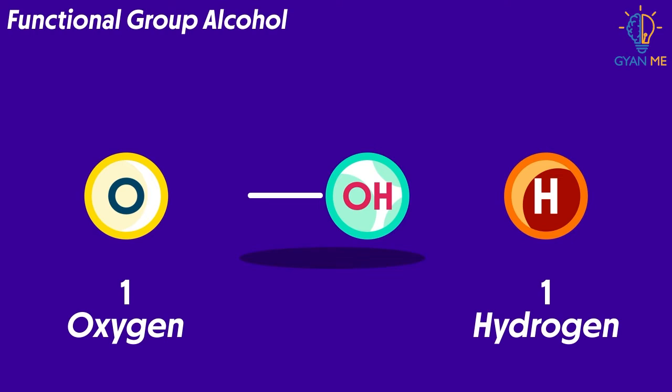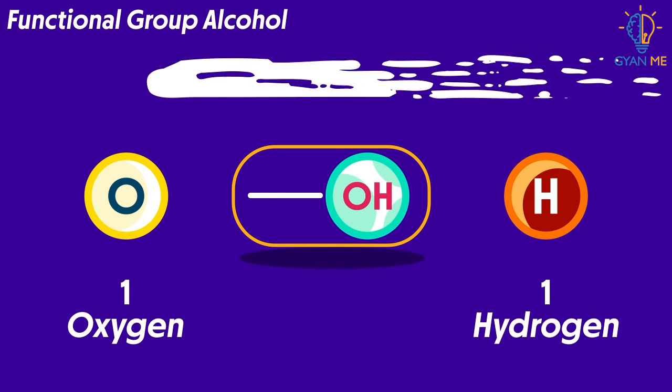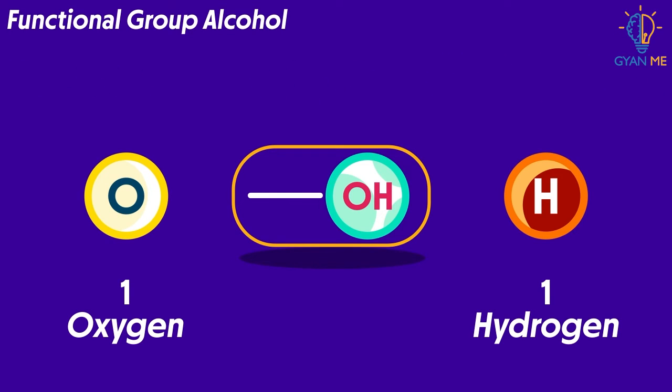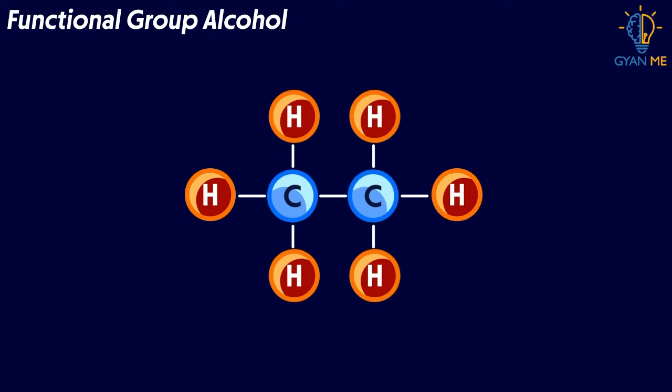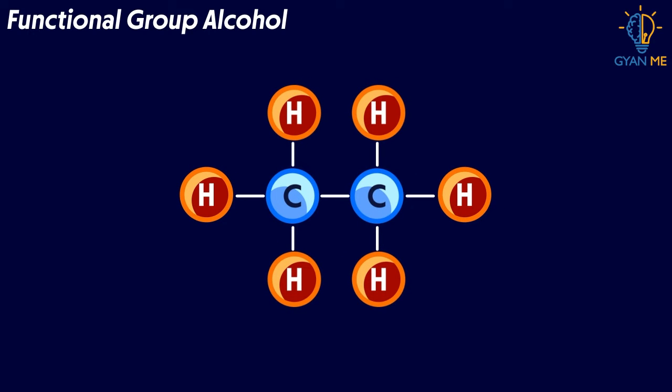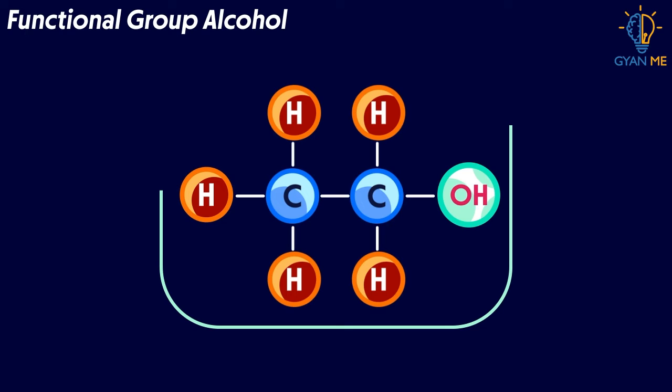Together, they are the hydroxyl group OH. Now this is nothing but an alcohol functional group denoted by dash OH. If one hydrogen atom in the chain is replaced by this hydroxyl group, then the resulting carbon compound is said to have an alcoholic functional group.